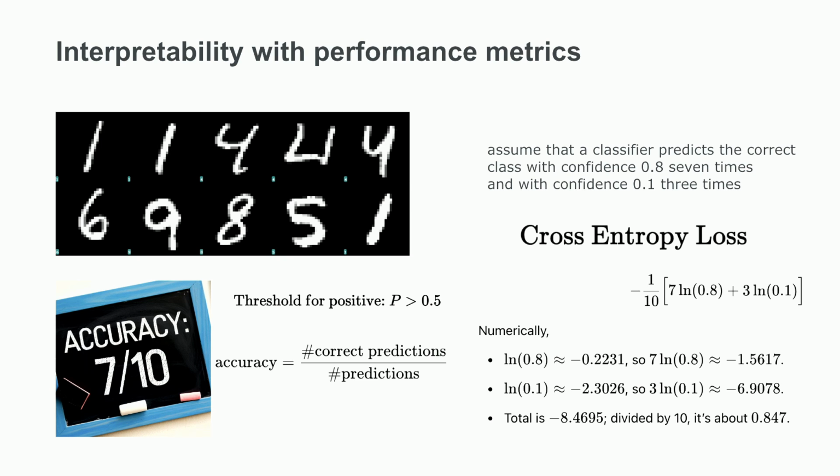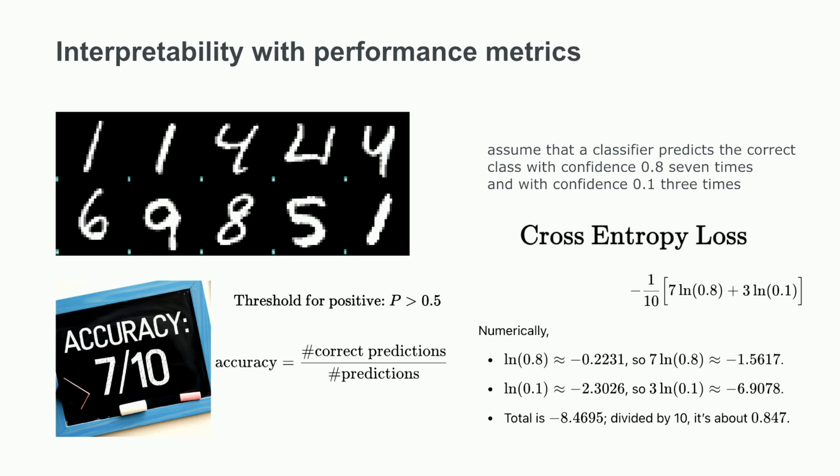0.847. This is a bit hard to interpret. If we were to look at the batch of results, what does that tell us? Well, it's easier to interpret this if we were to just look at the accuracy. It's a simple count. If we were to do this evaluation, we're getting, let's say, 7 out of 10 predictions right, and we have an accuracy of 0.7.